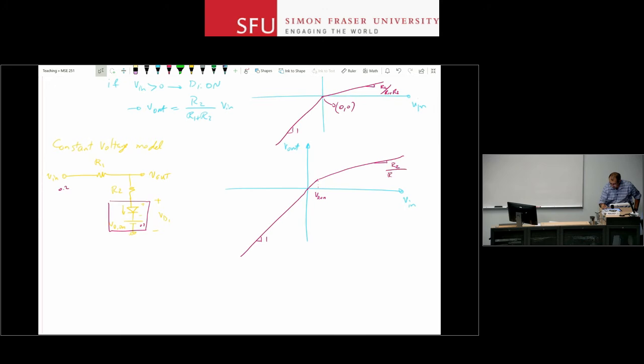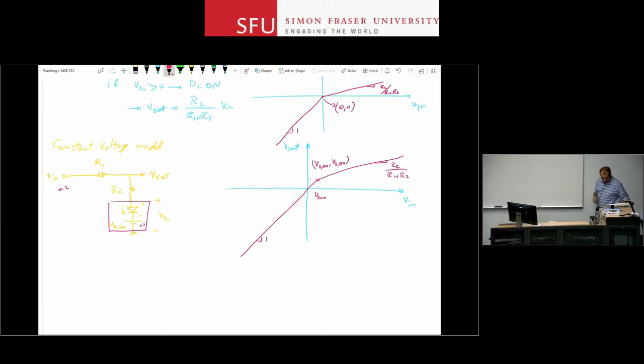So R2 over R1 plus R2, and this is your breakpoint, whose value is VD on, and before that the slope was 1, so it's VD on and VD on, right? So it's just a breakpoint. It just changes the slope.